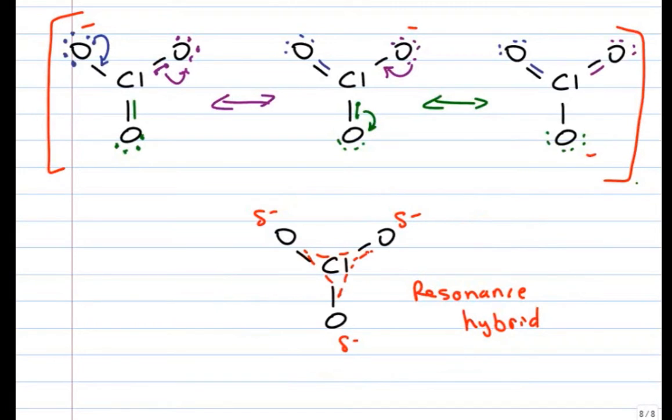When it comes to drawing resonance, what you want to look for is what makes the most sense. So resonance obviously is pushing arrows, so you want to see what makes sense. You always start your arrow where the electrons are.